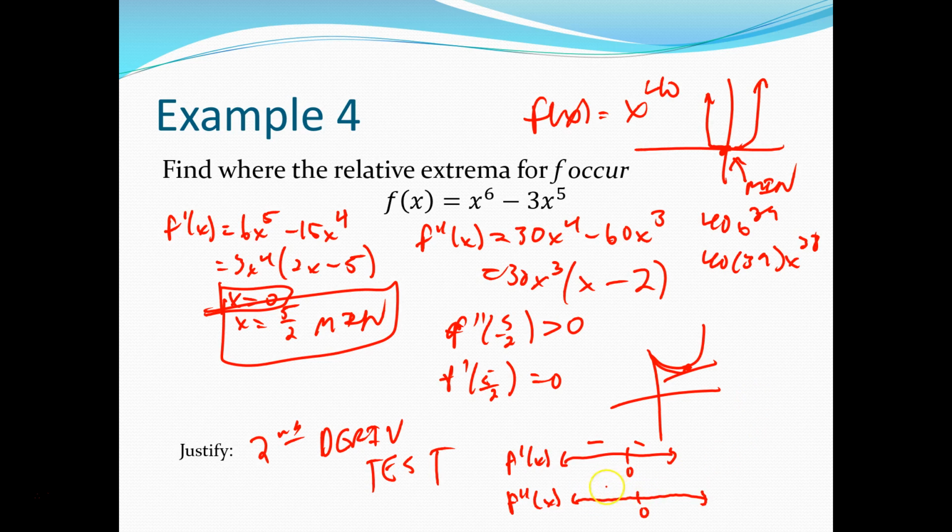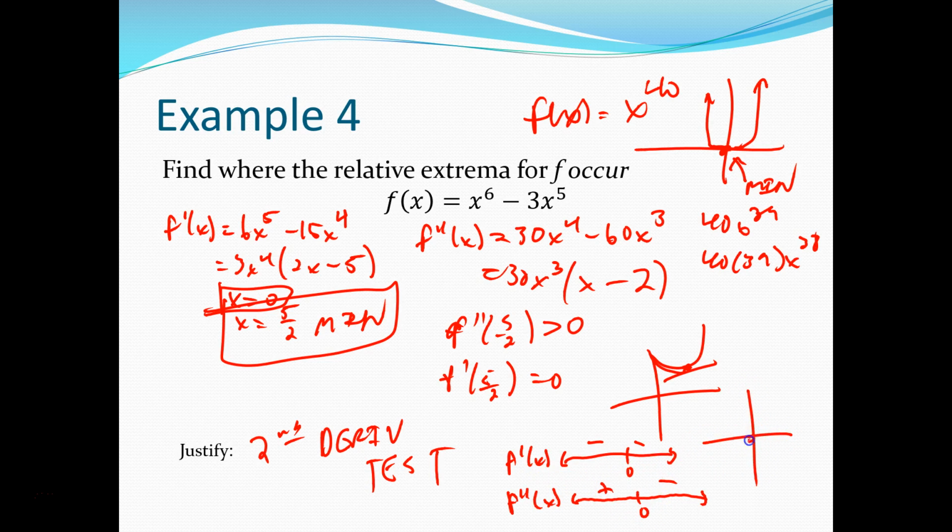Let's see what the second derivative is doing. Second derivative, if we plug in something before 0, like negative 1, that'll make a negative on the front end, and then negative 1 minus 2 is negative. So negative times a negative is a positive. And then after 0, let's try 1. 1 cubed is 1, and then 1 minus 2 is negative. It goes positive to negative. So what happens here? We have an inflection point.